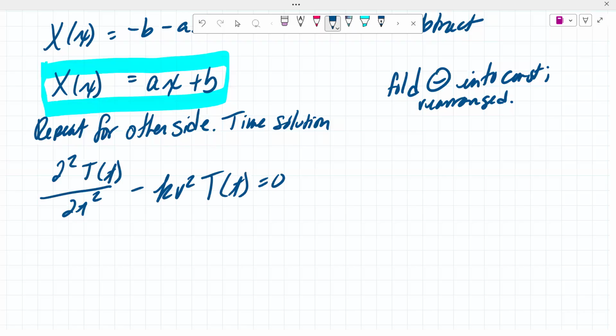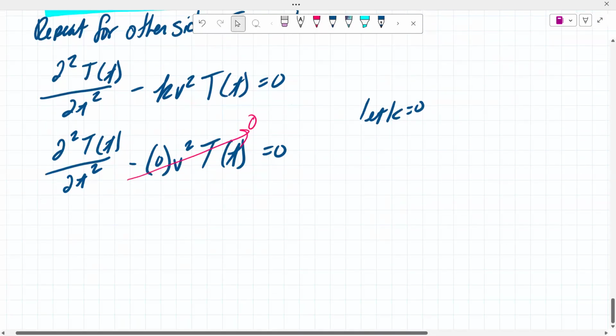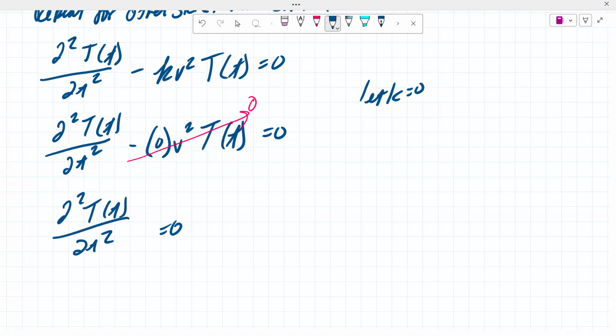So we have d squared T of t over dt squared minus 0 v squared T of t. So this whole thing is gone, it's 0. Now we have d squared T of t over dt squared equals 0, and that's simplified.